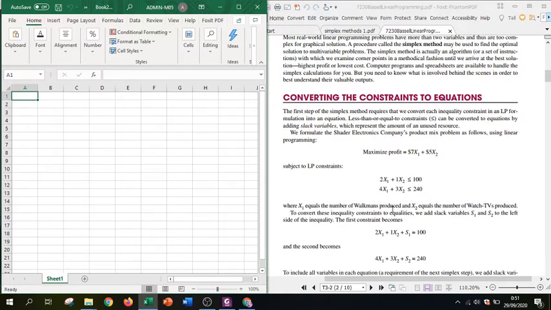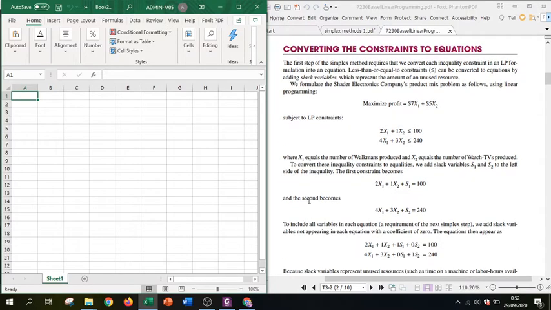Now the first step, we must change the inequality constraints to equalities by adding slack variables. The number of slack variables is based on the number of constraints. Because we have two constraints, we have two slack variables, S1 and S2.